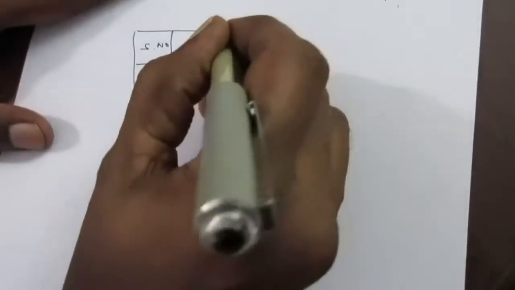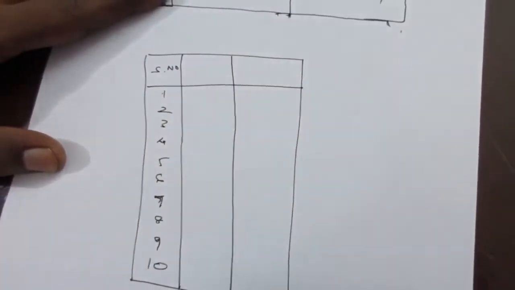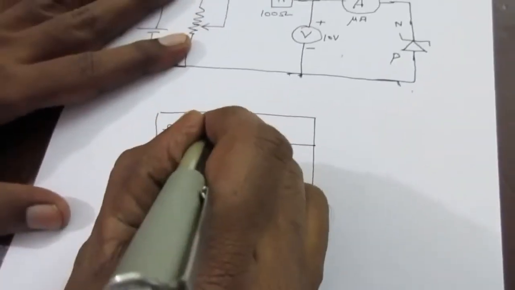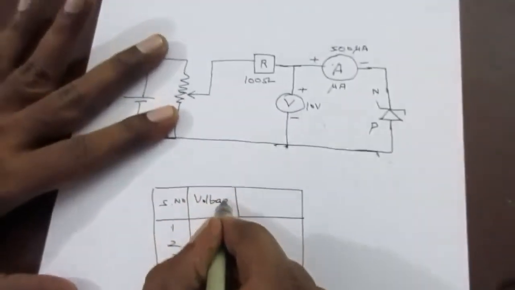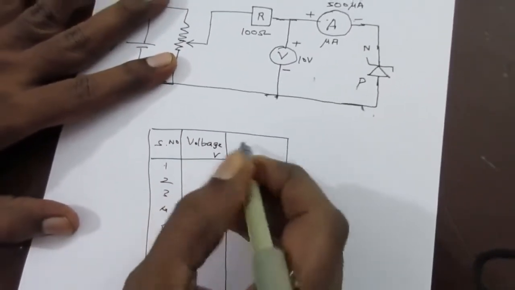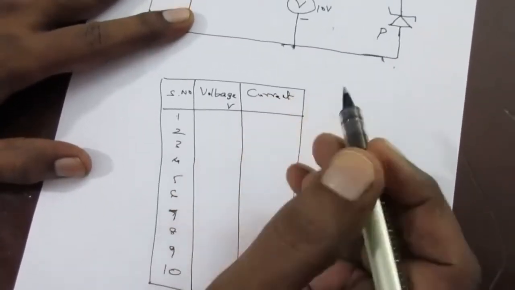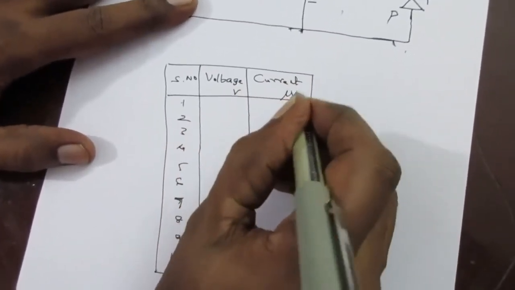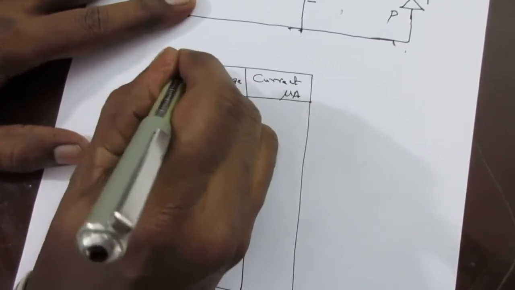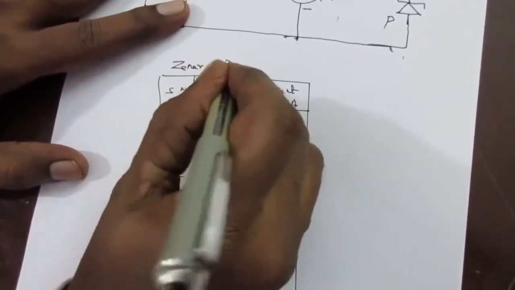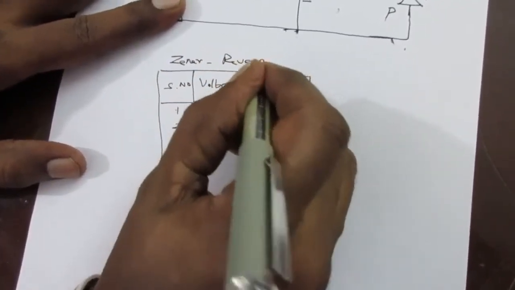Then we put the voltage, then the current in microamps. Zener in reverse bias mode.